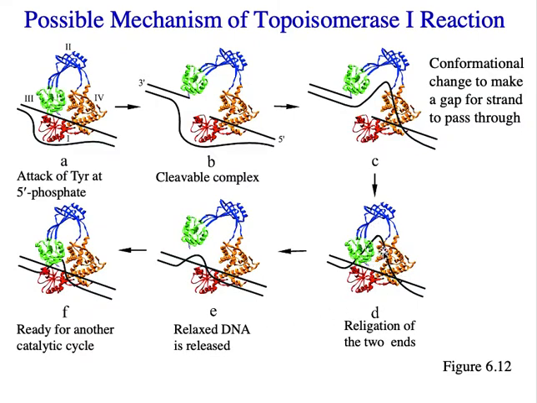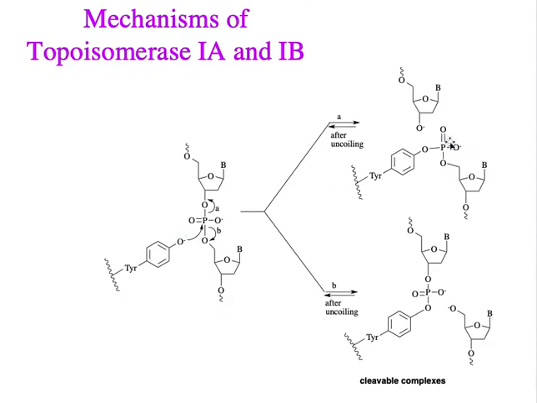Remember that the topoisomerase has formed a DNA-protein bond through part of this mechanism, like when we talked about earlier. So it's formed a covalent bond. Something like topotecan can get in here and associate with this in such a way that it ends up inhibiting the enzyme.